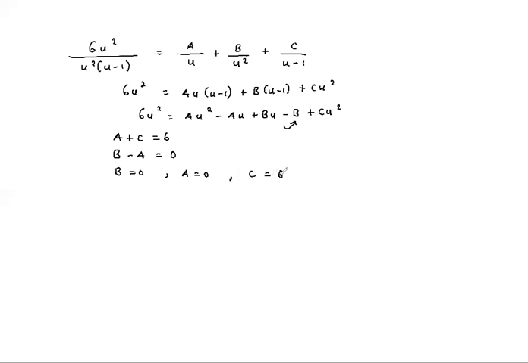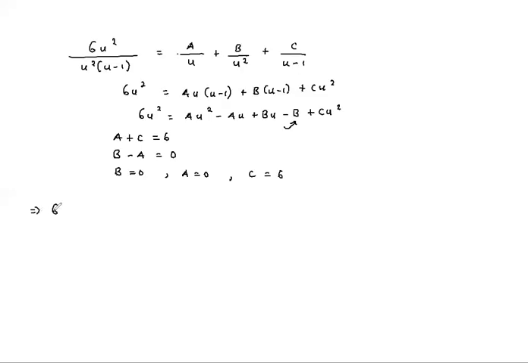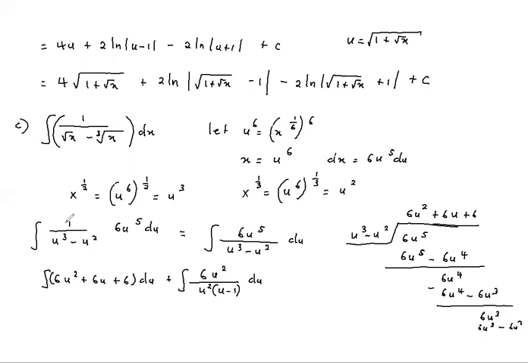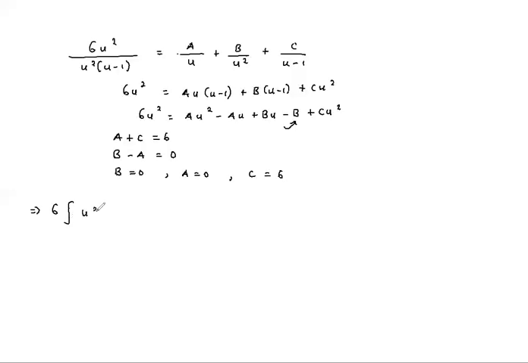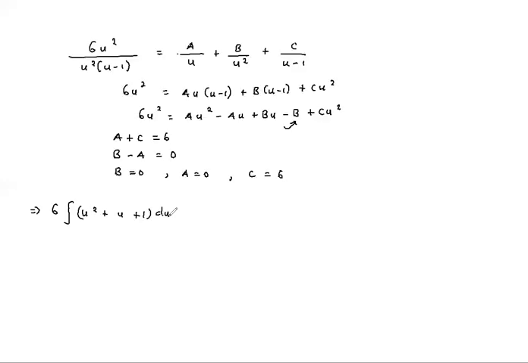So our integral becomes the integral where 6 is common. So inside we just have u squared plus u plus 1, u squared plus u plus 1 du, and then plus that whole thing has been cancelled too.